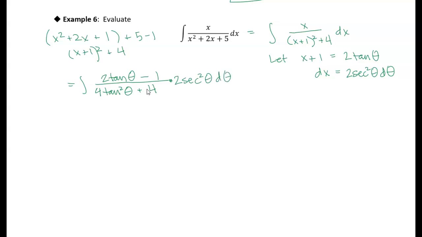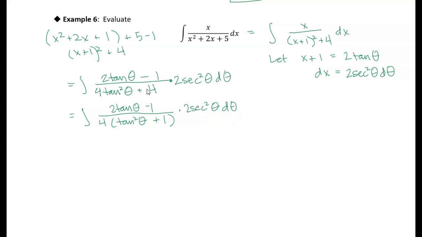All right. That looks kind of ugly, but I know if I factored the 4 out of the bottom here, so let's just write the denominator down here first. I get 4, and then I'm going to have tangent squared theta plus 1, okay, and that's all over 2 tangent theta minus 1, and then I have 2 secant squared theta d theta.